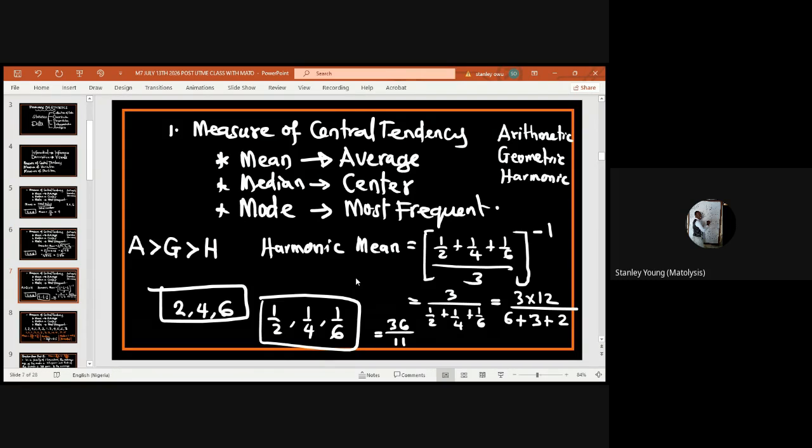That's like 3 point something, about 3.3 or so. It's going to be less than the value of geometric mean that you got. Let me rephrase that again, I think I made an error. Arithmetic mean is usually greater than geometric mean. Geometric mean is usually greater than harmonic mean for the same kind of data.